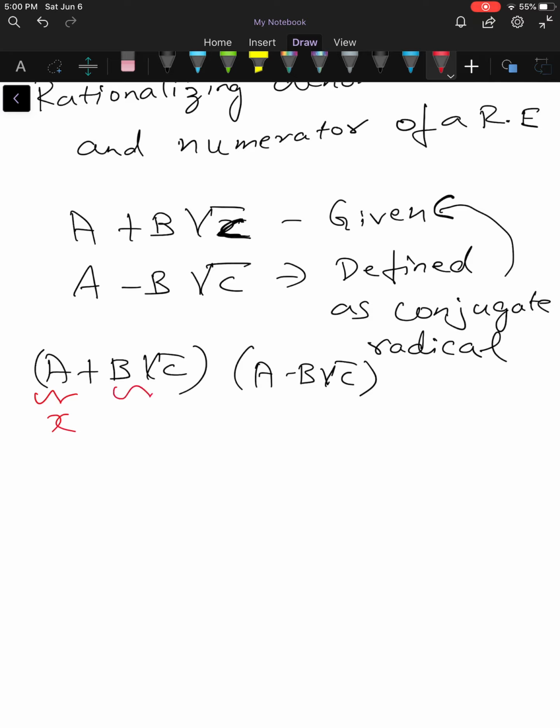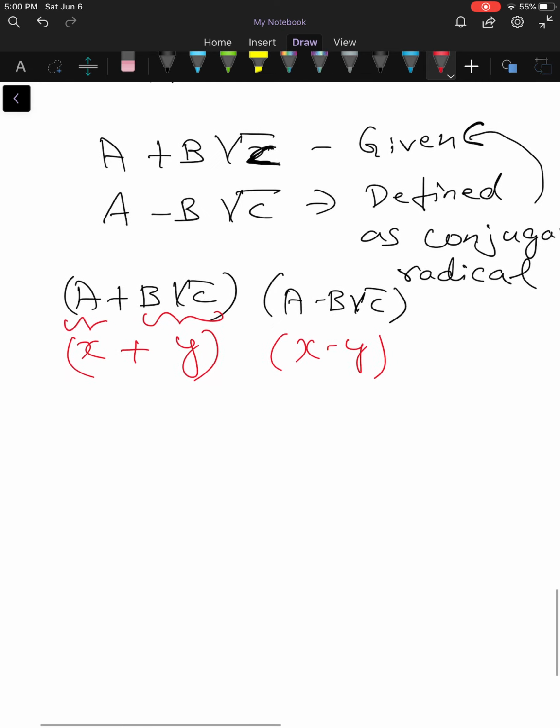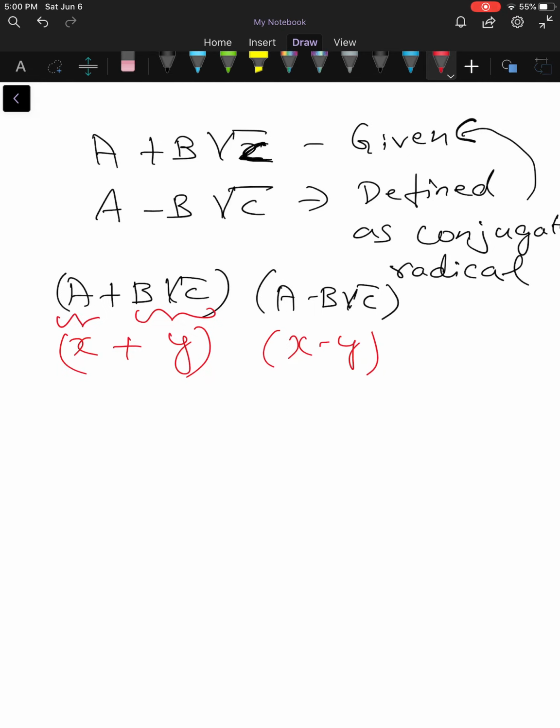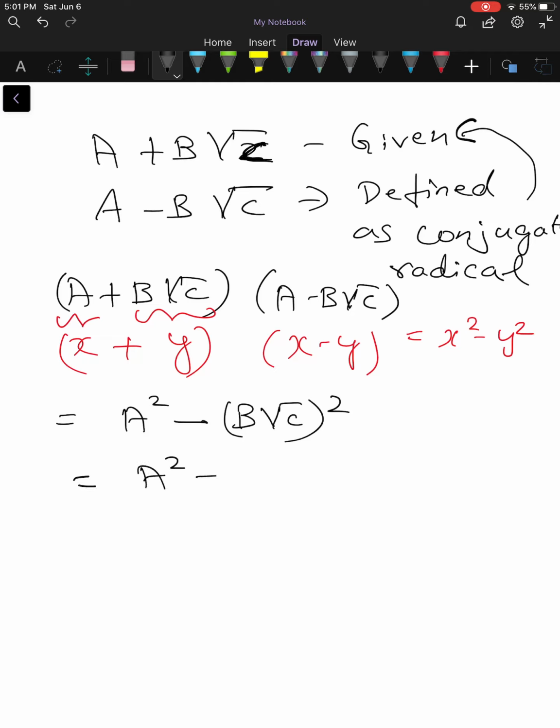Now you can see that if you consider this as x and this as y, this is of the form x plus y times x minus y, correct? So you should apply the special product formula, which is equal to x square minus y square, so that will be equal to a square minus b square root of c whole square, correct?